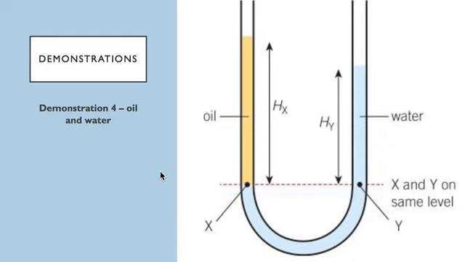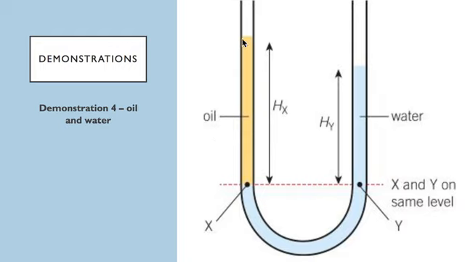Okay, so the pressure is to do with the depth, but it's also to do with the density. So if you have a look here, if we were looking at what is the pressure across this level here, we've got 2 points X and Y that are the same height, and this is called a U-bend. But this side is filled with oil, this side is filled with water. You can say we don't need as much water here to cause the same pressure as we need oil, and that's because oil isn't as dense.